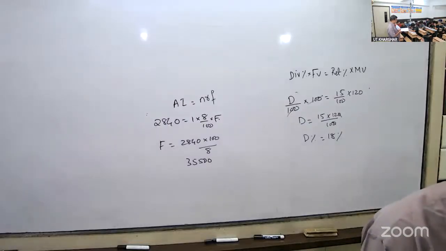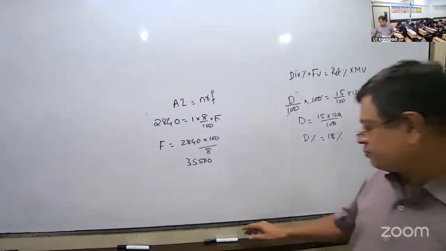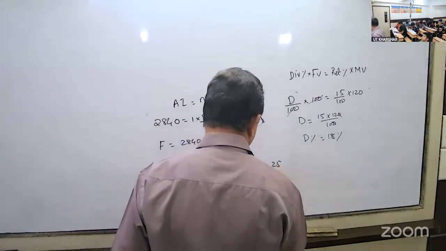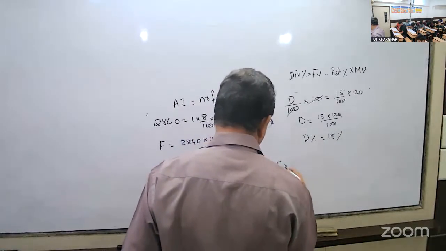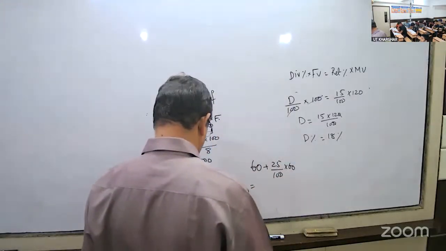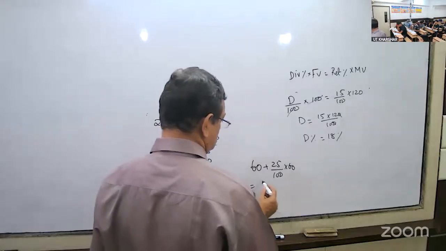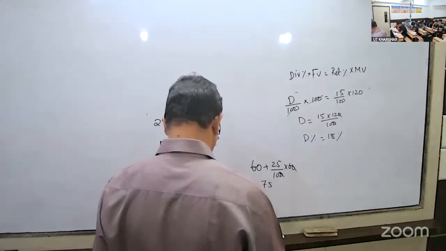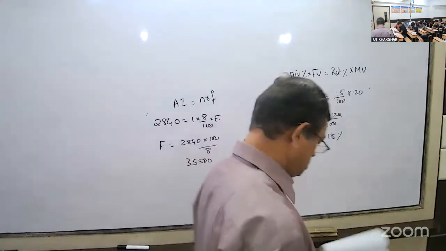Market value is equal to 60 plus 25% of 60, that is 60 plus 25 by 100 into 60. Find out how much? 75. Okay, market value, you got it.